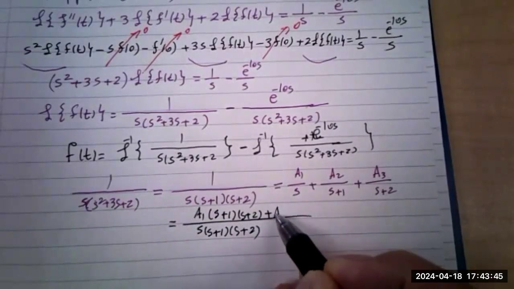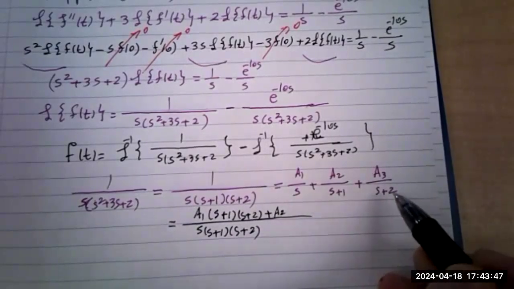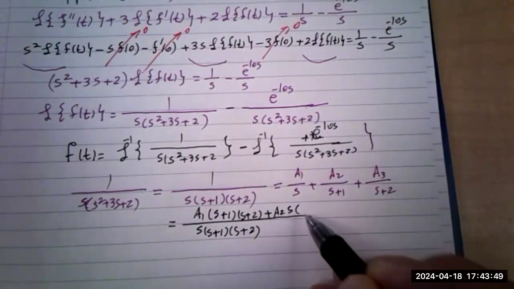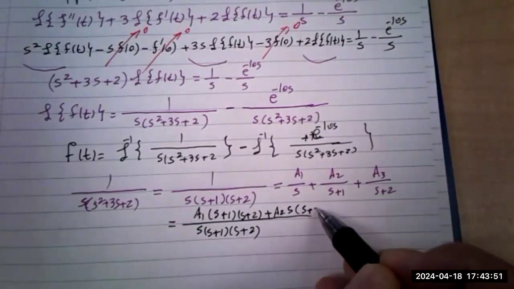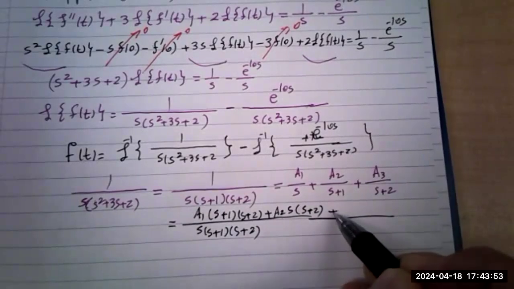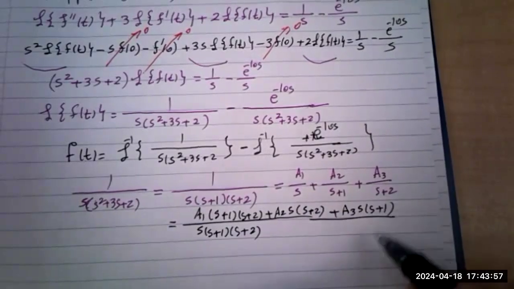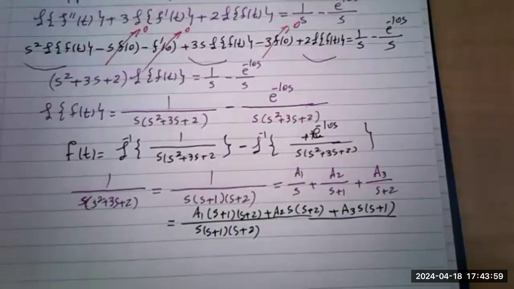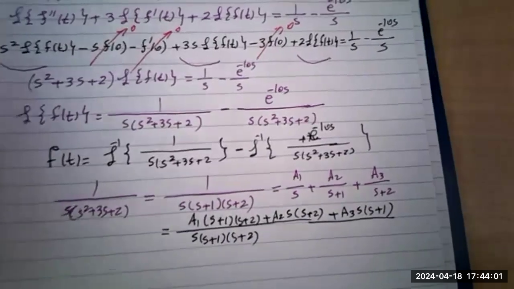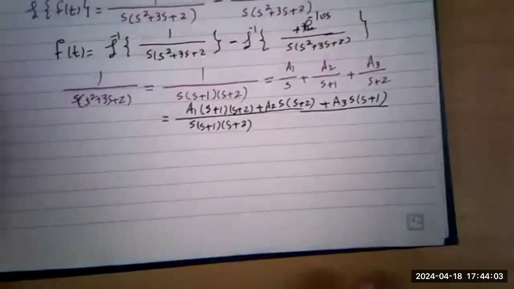Okay, we get the A2. The other factors are going to be s plus 2. And we get the A3, other factors, s times s plus 1. That's it. Let them equal 1 and just find these 3 numbers.